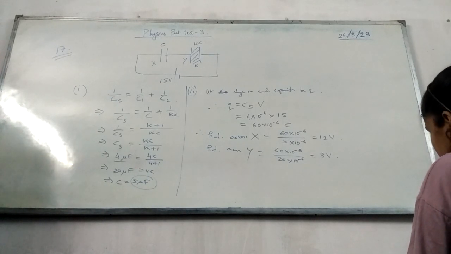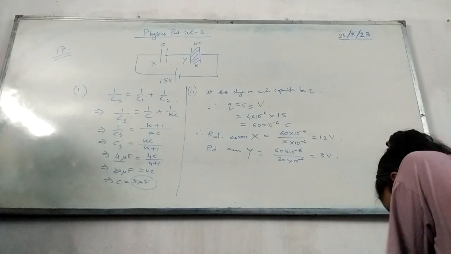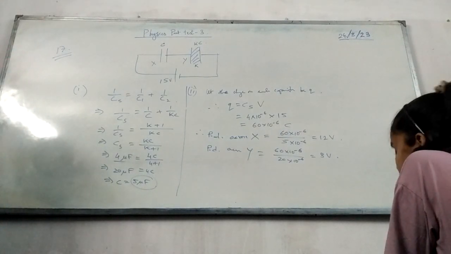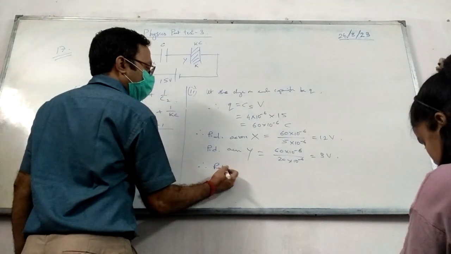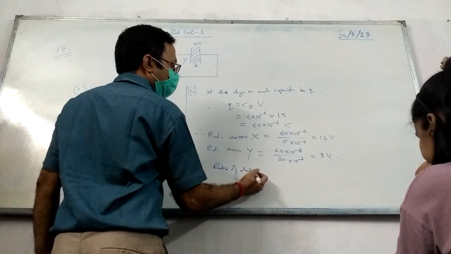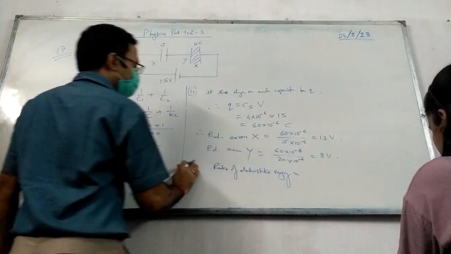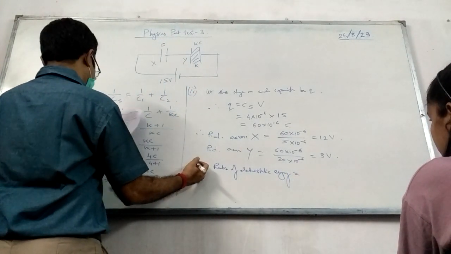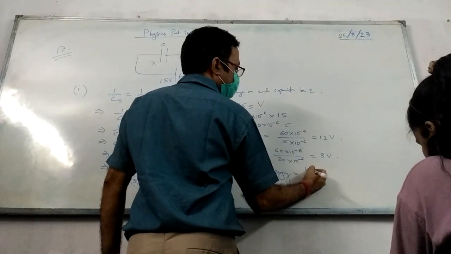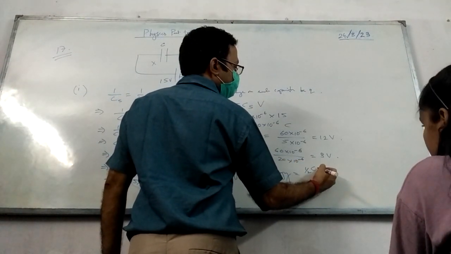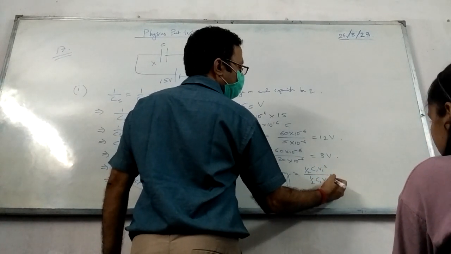Is it understandable? Yes or no? Now what will we do? Therefore, the ratio of electrostatic energy, this is part C, right? Ratio of electrostatic energy is half C1 V1 square by half C2 V2 square.